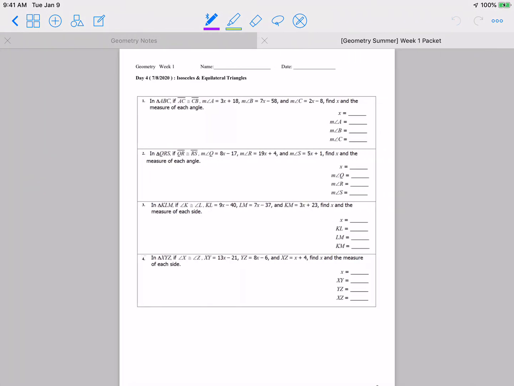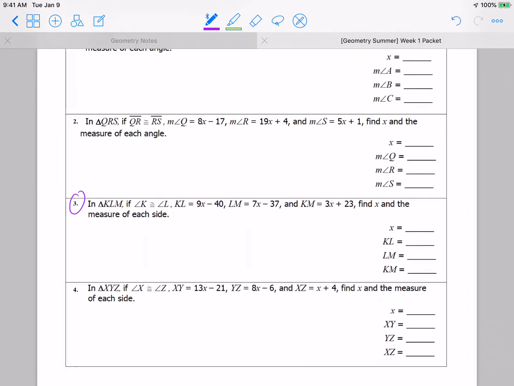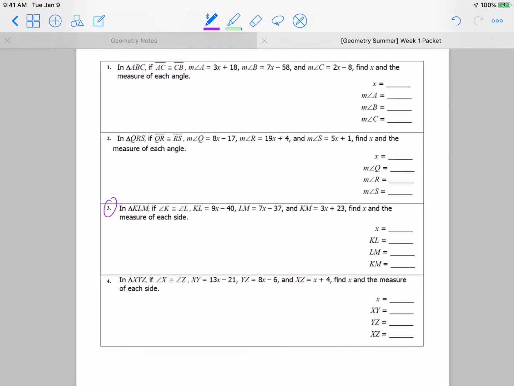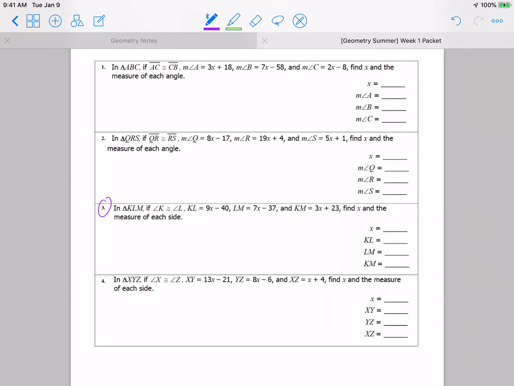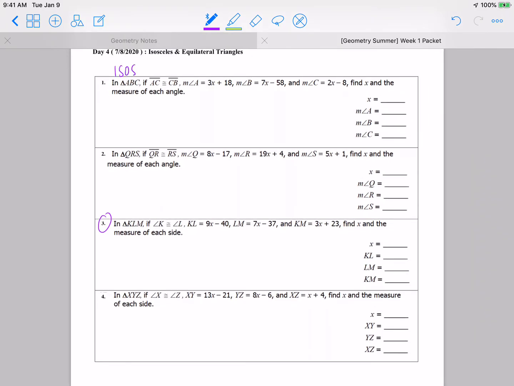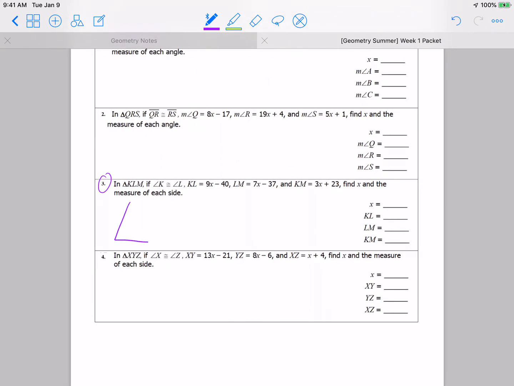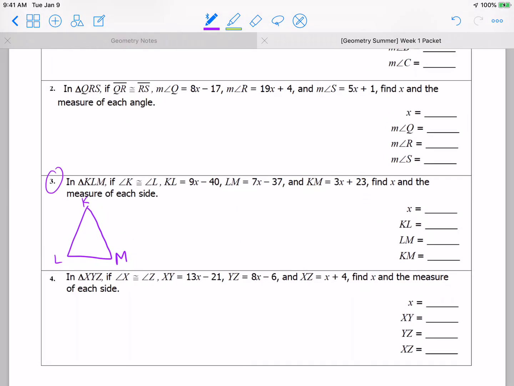Let's go on to the next page. Let me do number 3 for you. Okay, number 3, we have a triangle. By the way, all of these questions are mainly for isosceles triangles, FYI. For this one, I have KLM. And here they're saying that K and L are congruent.